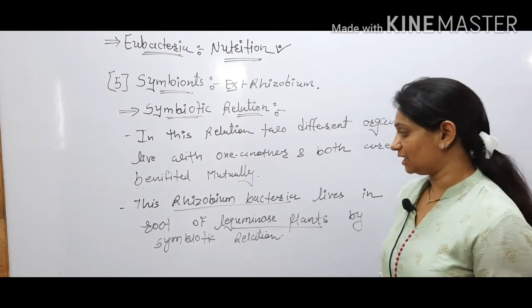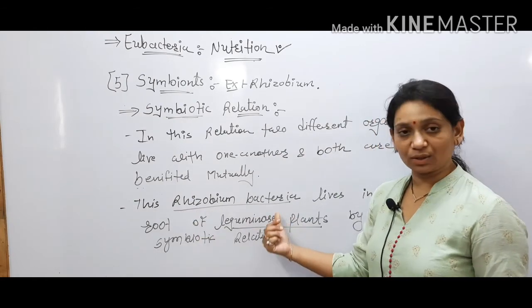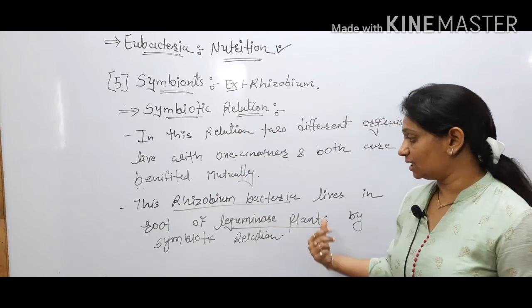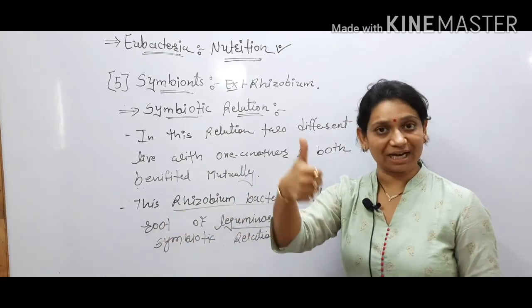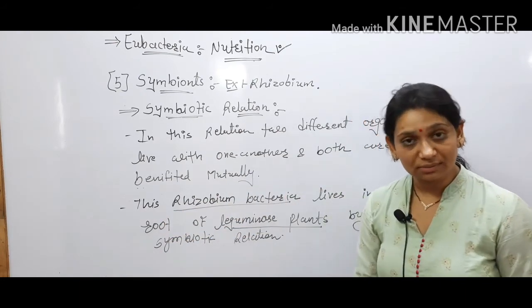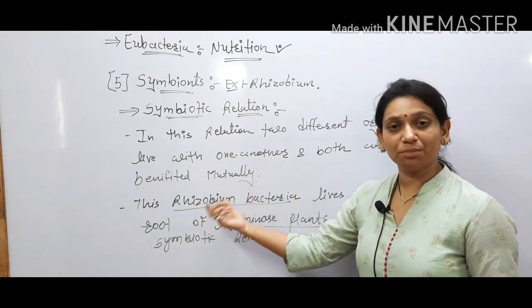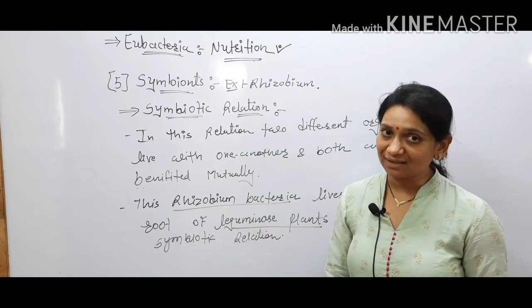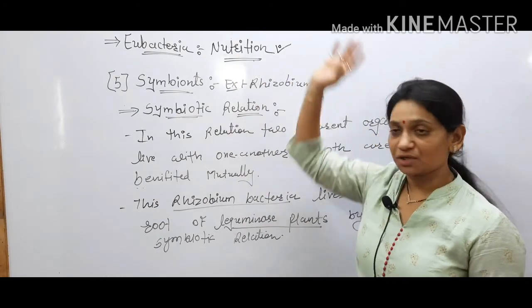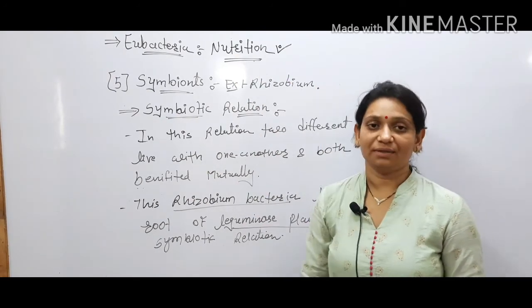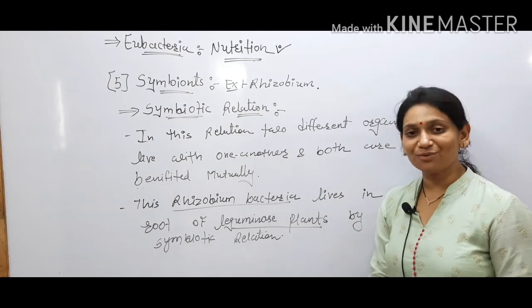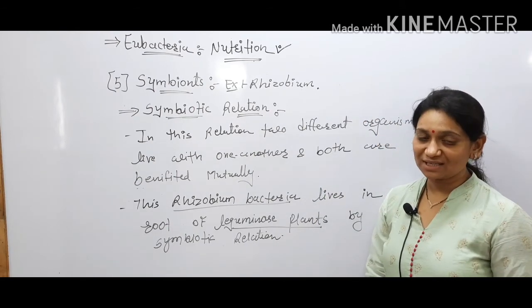Over here, first, the Rhizobium bacteria get shelter to live in the roots of the leguminous plant. Second, these Rhizobium bacteria can absorb food from the leguminous plant directly, so the nutrition function is also done. But what is the benefit to the leguminous plant? It should also benefit.